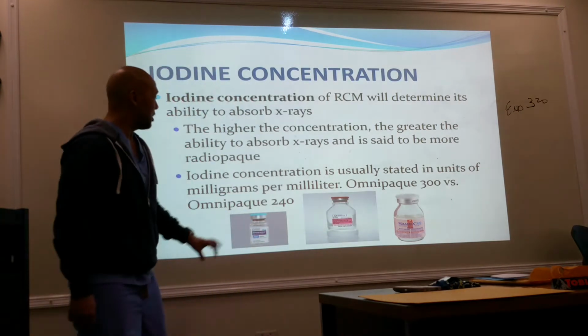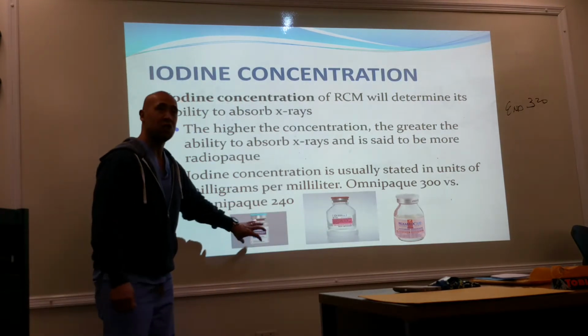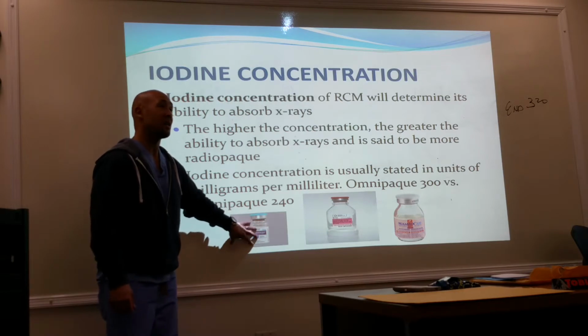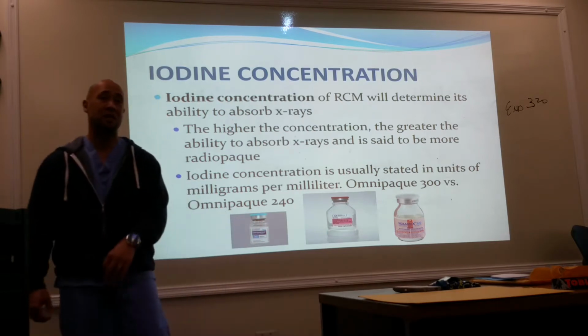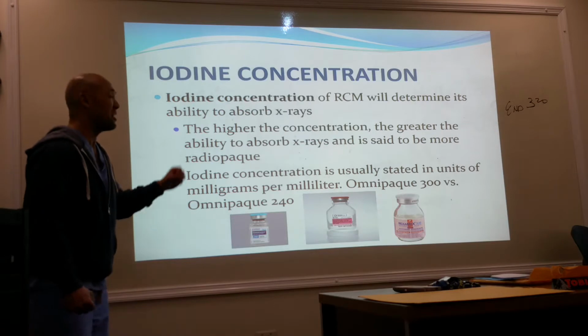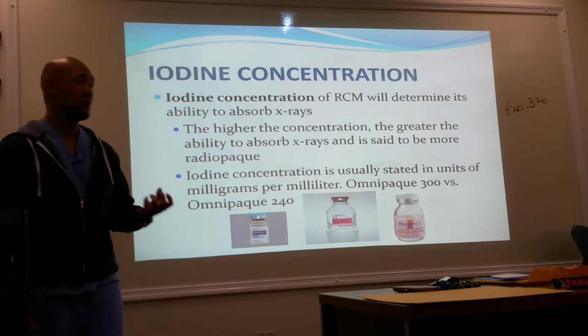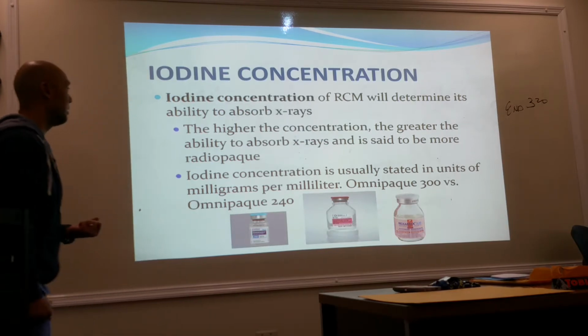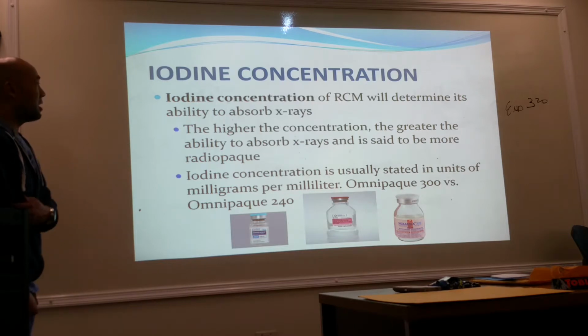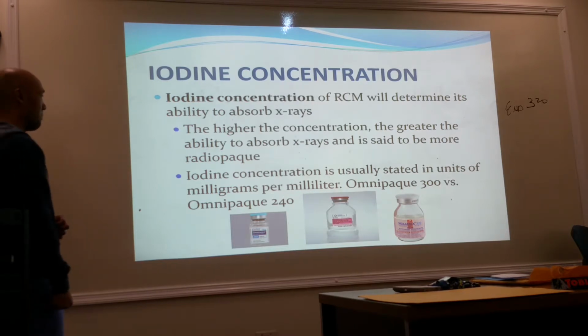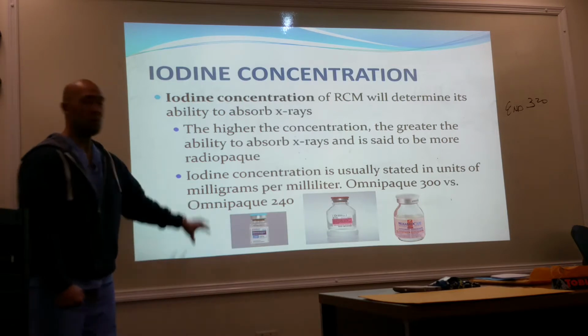So it's not so much the contrast that you're going to use, but you also need to understand the iodine concentration and how it contributes in producing the image and the side effects of using a particular type of contrast. All right? So the higher the concentration, the greater the ability to absorb X-rays, and is said to be more radiopaque. Okay? Any questions?